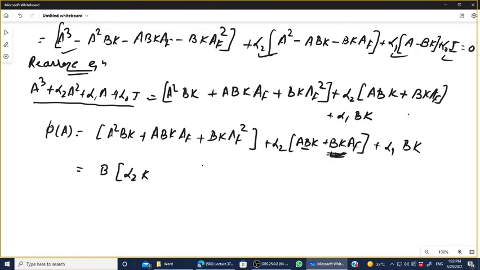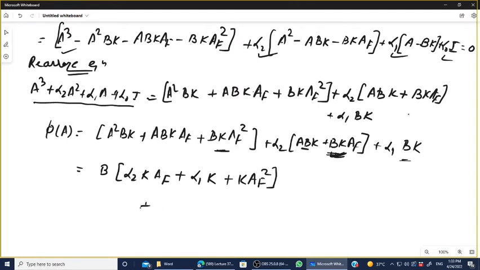When you take B common from this, alpha 1 K, plus when you take B from this value, then it will come KAF square, okay.